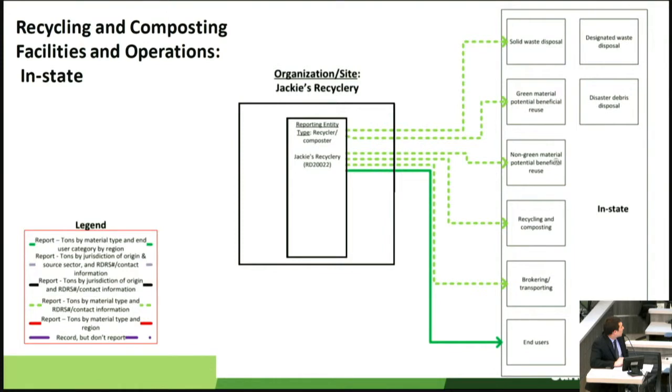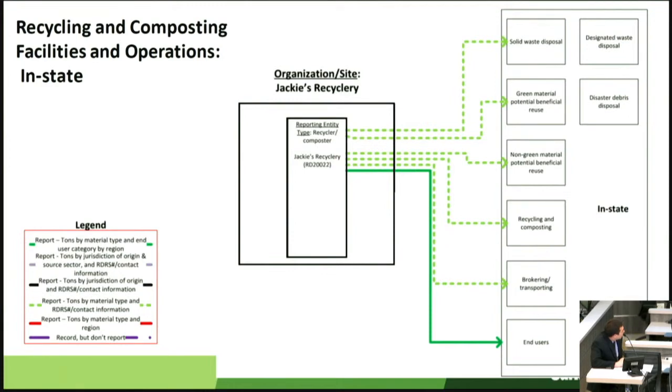All right, recycling, composting, that's one below. So let's say you're sending material to another recycler or composter for further processing. You would indicate the tons by material type sent to each facility, and provide that contact information, RDRS number, as appropriate.